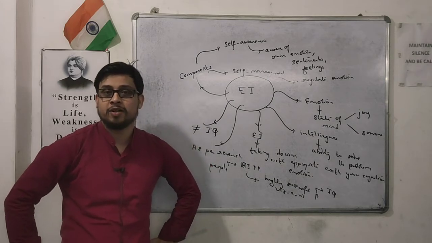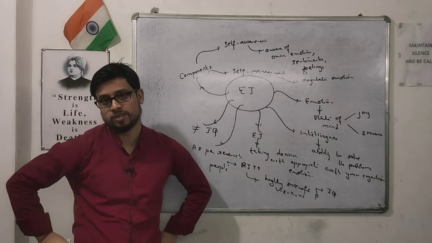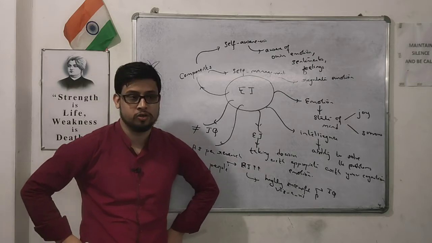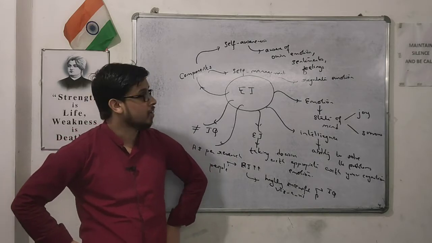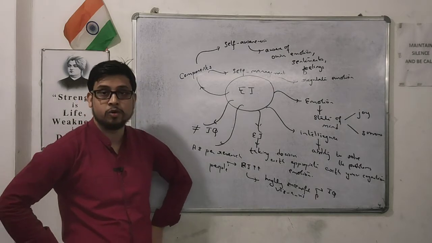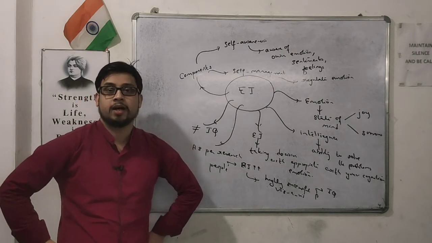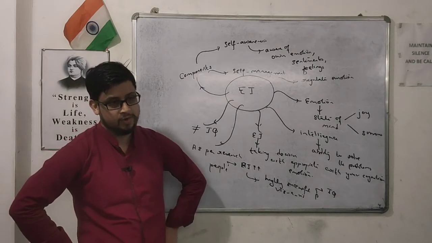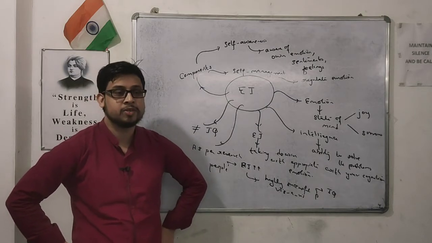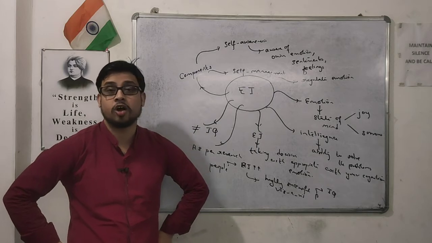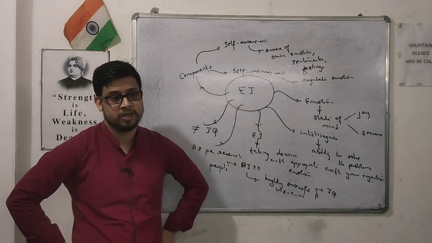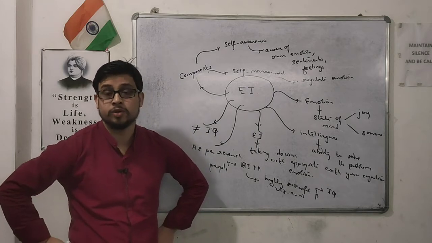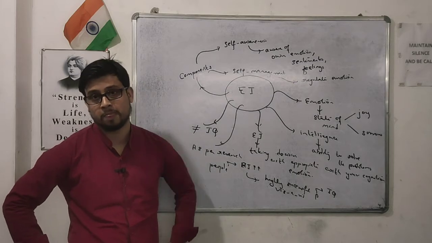If you are unable to control your emotions, if you are unable to regulate your emotions, your anger, your happiness sometimes give you the wrong space to take any decision which may prove counterproductive.